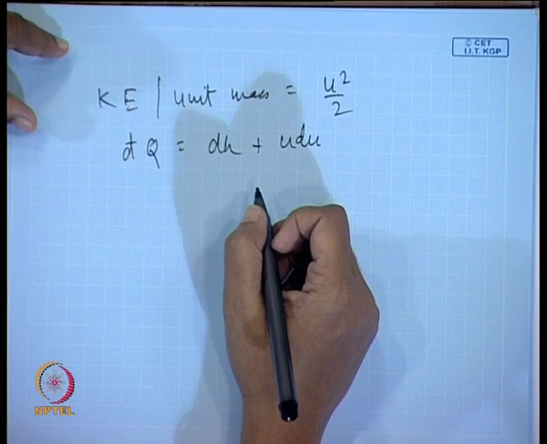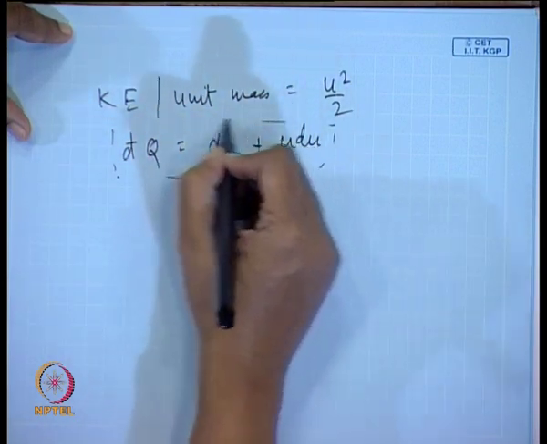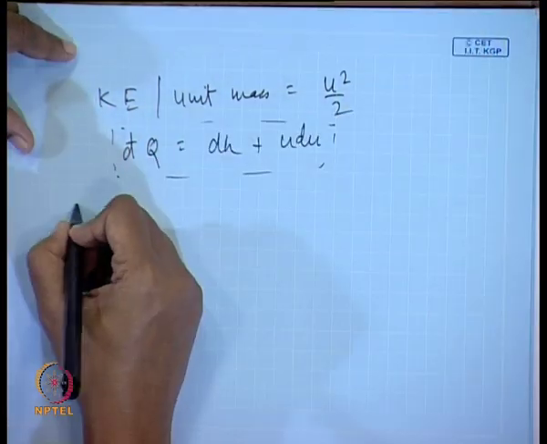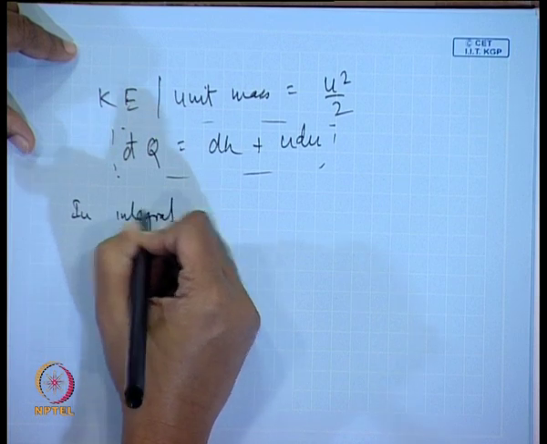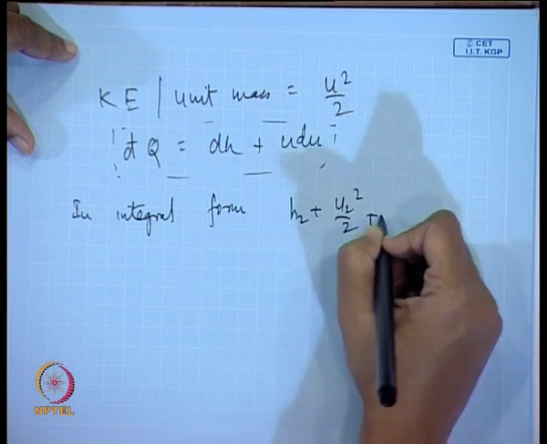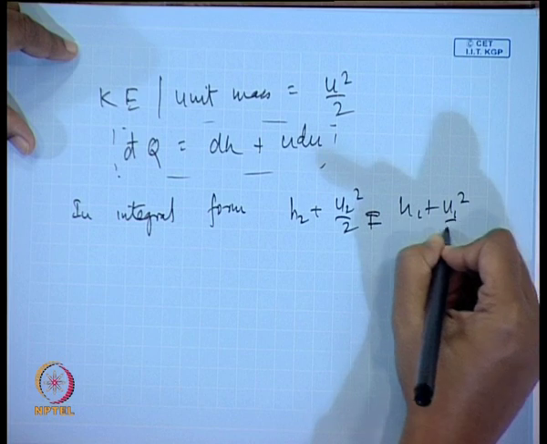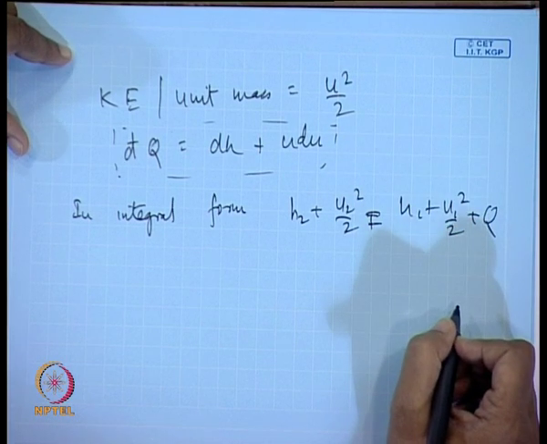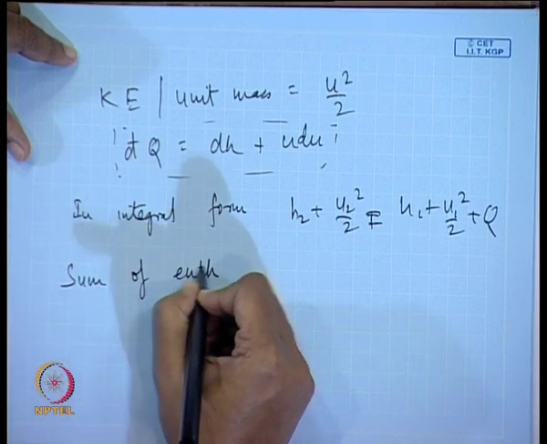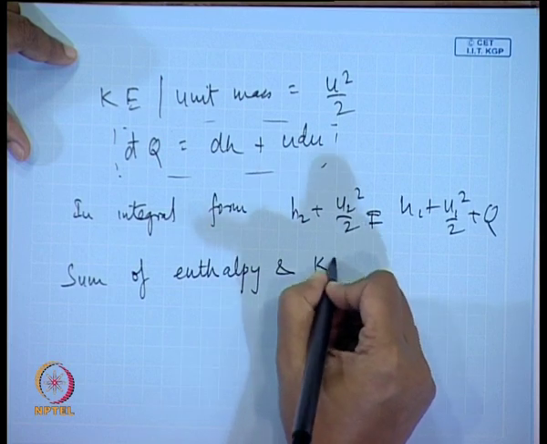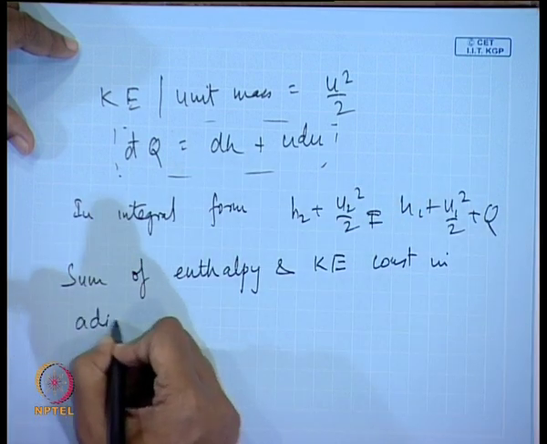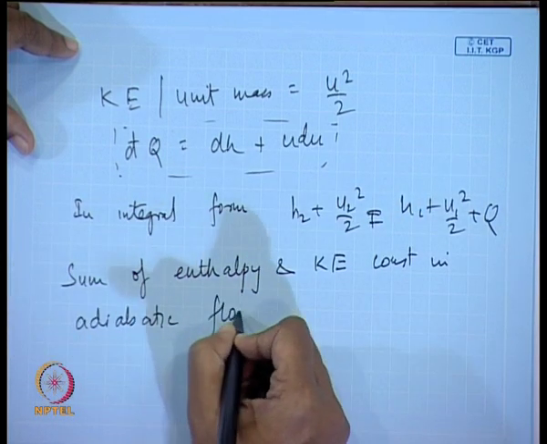So, the energy equation, remember this particular equation, this is valid even in presence of friction or non-equilibrium condition. In integral form, we can write it down as H2 plus U2 square by 2 equal to H1 plus U1 square by 2 plus Q. We can write it in this particular form, which tells us that the sum of enthalpy and kinetic energy is constant in adiabatic flow, is not it?